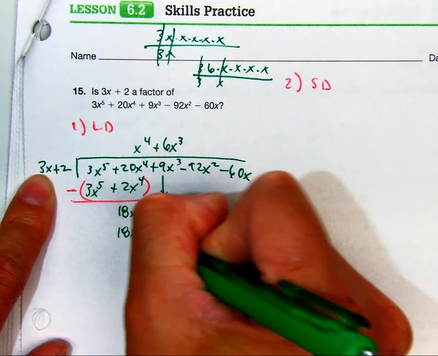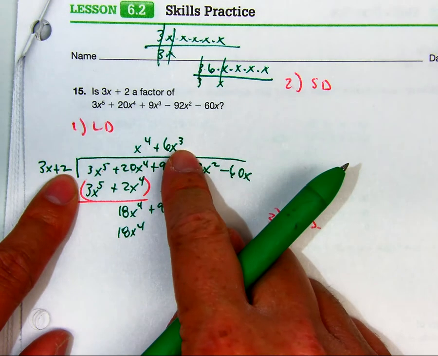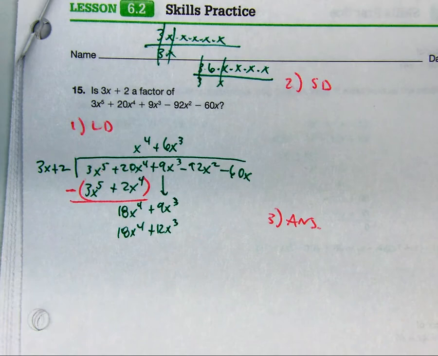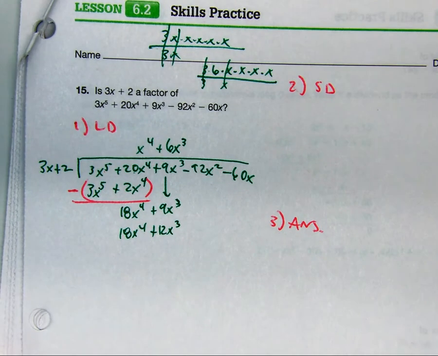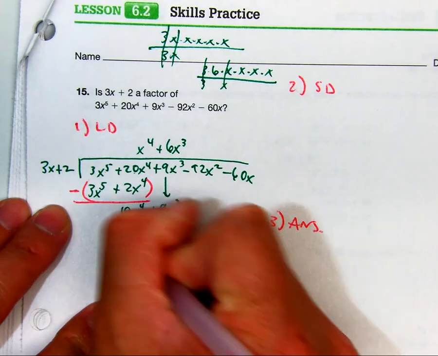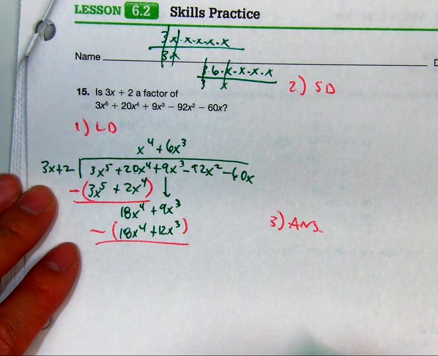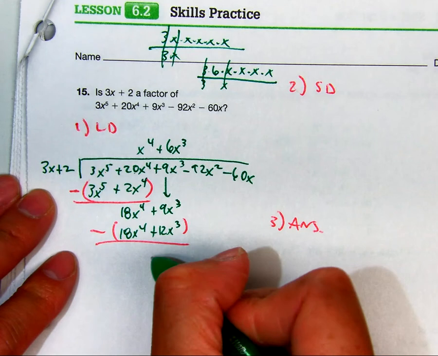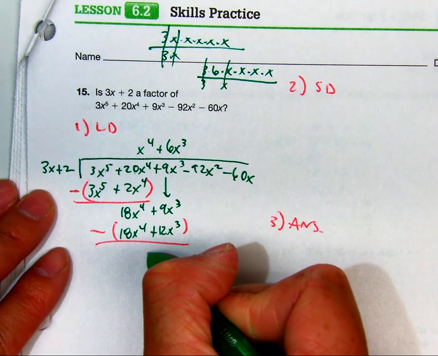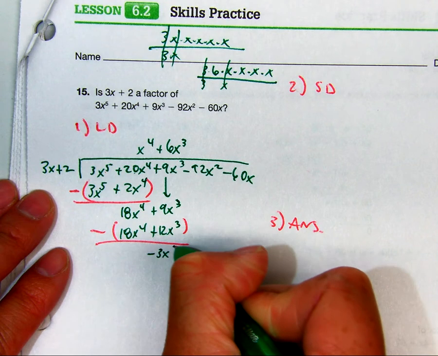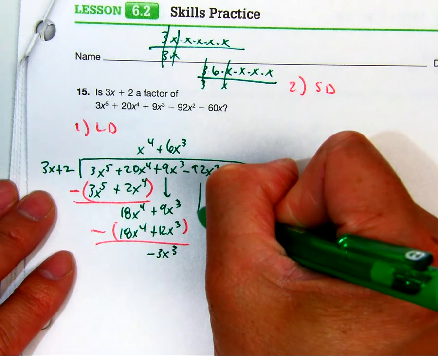18x to the 4th. Now we get to the hard one, subtract. 9 minus 12. Positive or negative? Uh-oh, the numbers are getting big.